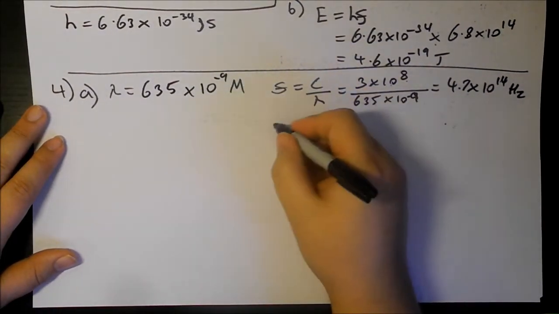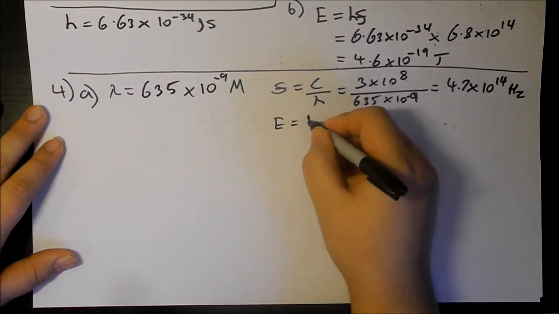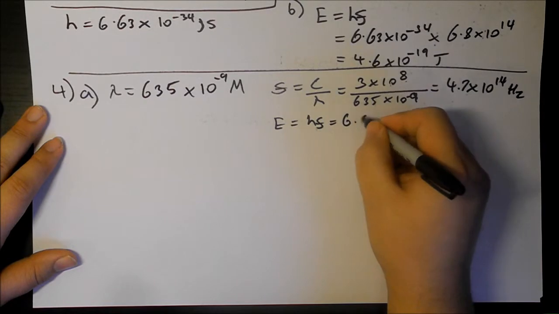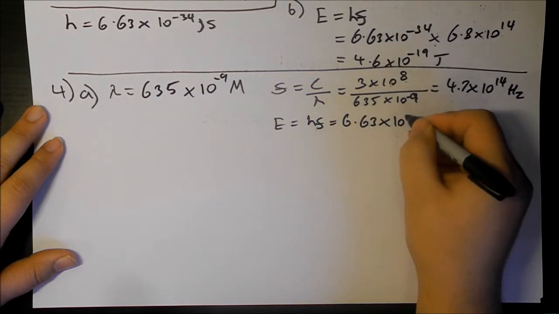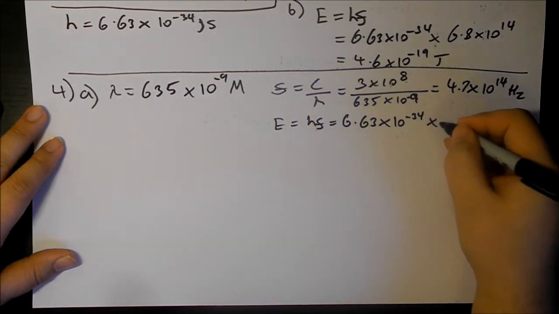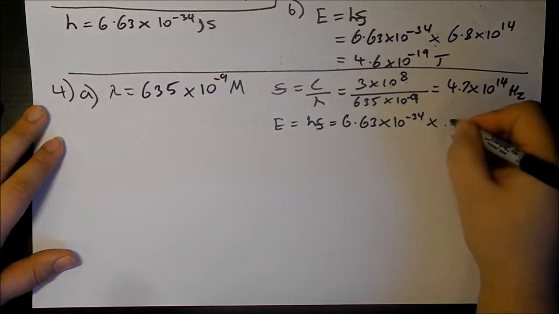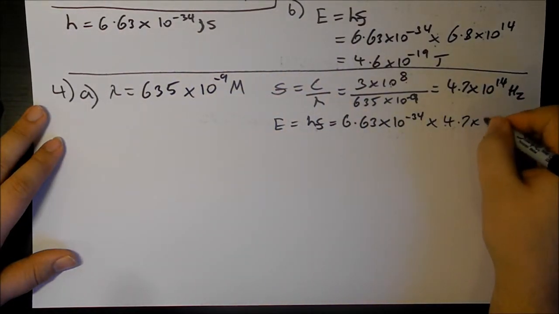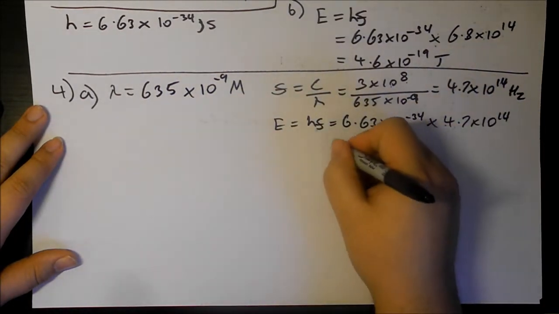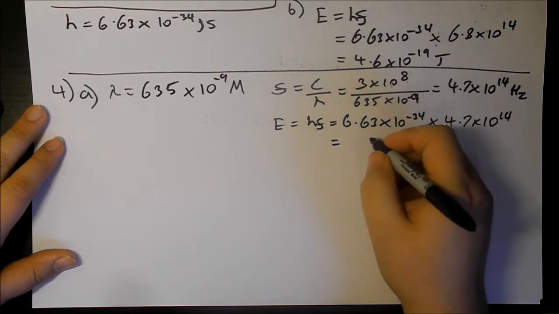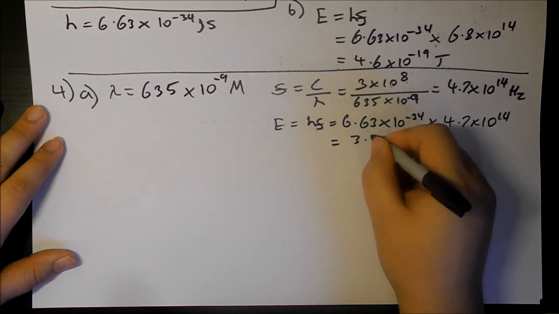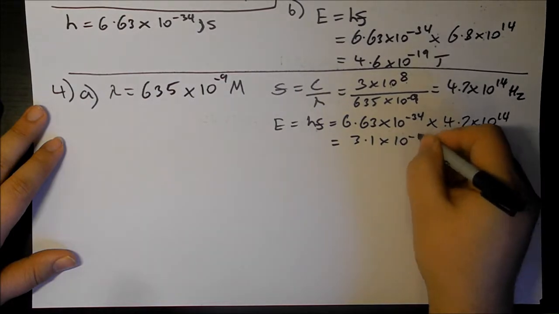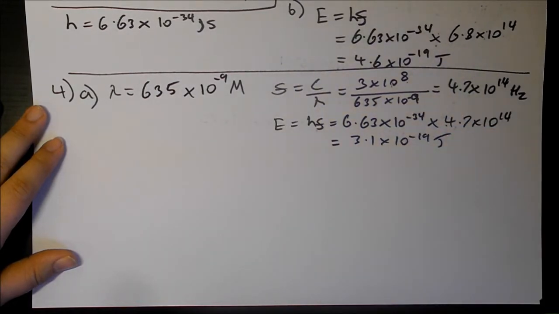And then we can say that E is equal to HF, which is equal to 6.63 times 10 to the minus 34 times the frequency we just calculated, 4.7 times 10 to the 14. Do that calculation and we will get an energy of 3.1 times 10 to the minus 19 joules. Part A done. Exactly the same as the one before.